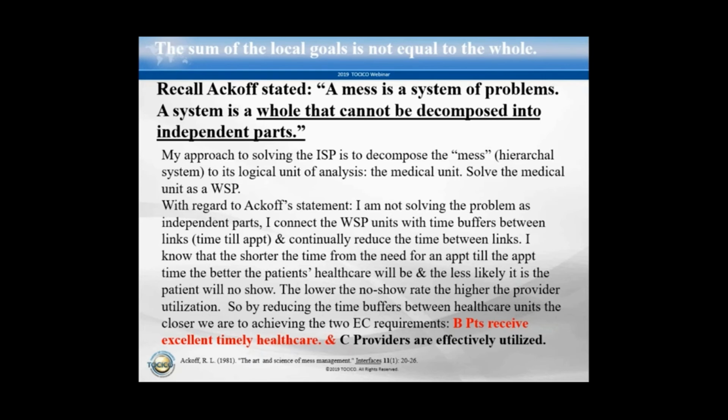So by linking all of those components of the ill-structured system together, I in fact achieve my requirements for the whole system, where we have timely health care and a high utilization of the provider.